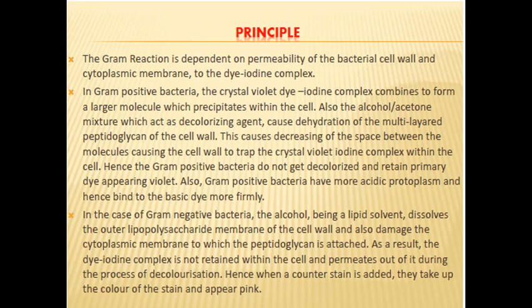Whenever we wash our smear with alcohol or acetone as a decolorizing agent, at that time the excess crystal violet is removed from the smear, but simultaneously this alcohol acts as a dehydrating agent, and due to that the cell wall starts to shrink.